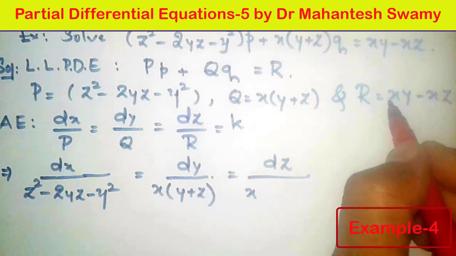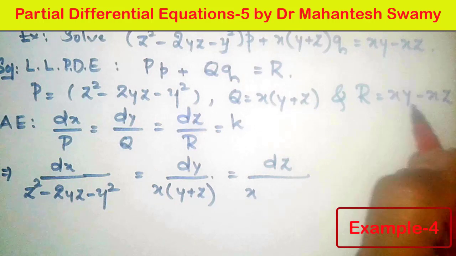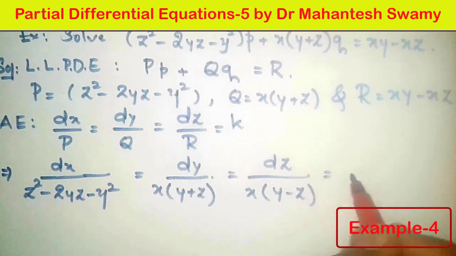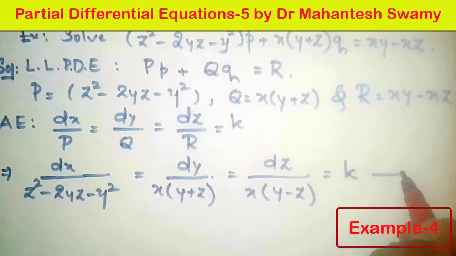If we take x outside, it looks like x into bracket y minus z, very easy to understand here, and on the right-hand side k is there. Let us call these auxiliary equations 1.